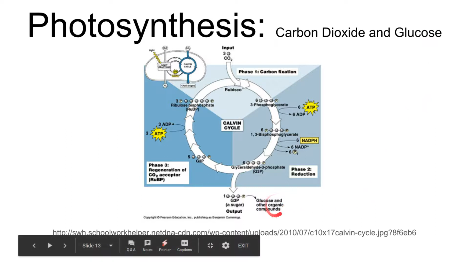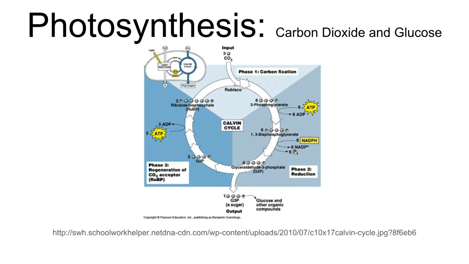However, this process can make all the other organic compounds like lipids and all the carbon basic structure for other things like amino acids and everything like that. So all of that ATP and NADPH stored energy from the light reactions gets invested in here as well.